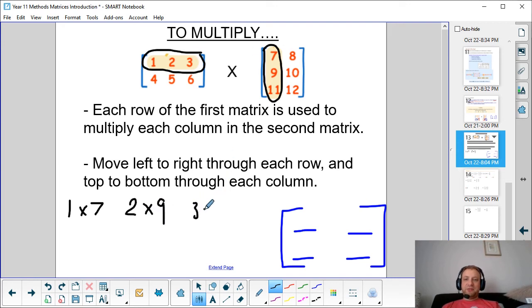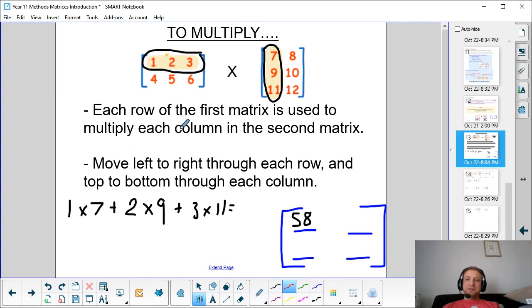Okay, moving across and moving down. And what we do with all these products that we've put together is we add them. Okay, and what this makes is one total number that goes into my answer matrix. So this is 7, this is 18, and this is 33. So our first number in our answer matrix is 58.